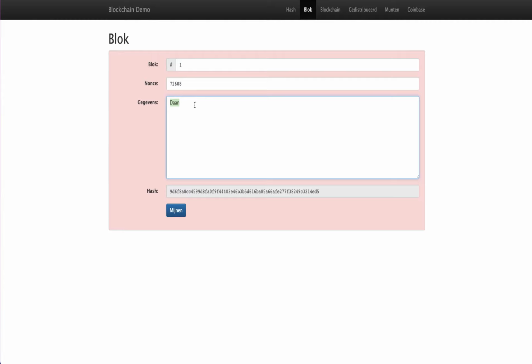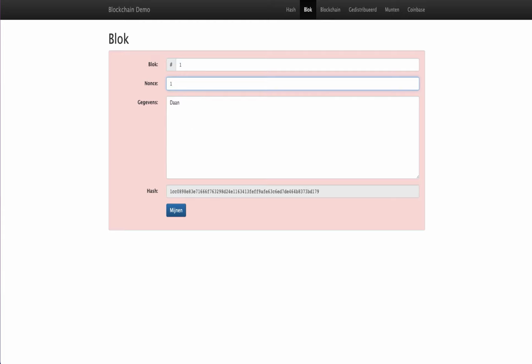So what can I change? Like I said, we can change the nonce. So we have to find the right nonce that, combined with the block and the data, gives us 4 zeros before the hash.